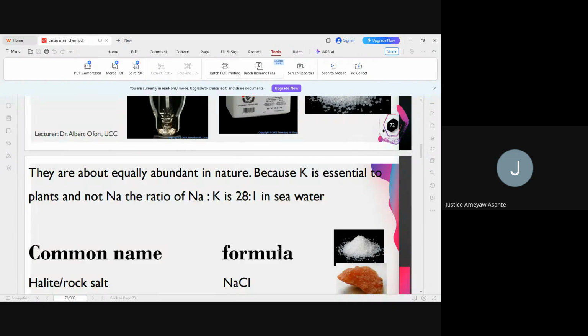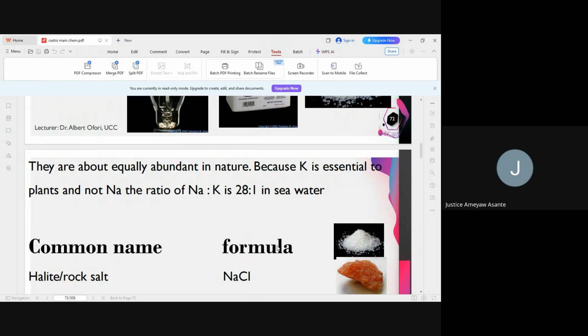Now, when you compare the amount of potassium and sodium in the seawater, the seawater contains a higher amount of sodium than potassium. Potassium is essential to plants and not sodium. The ratio of sodium to potassium is 28:1.